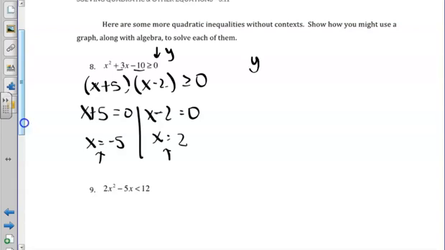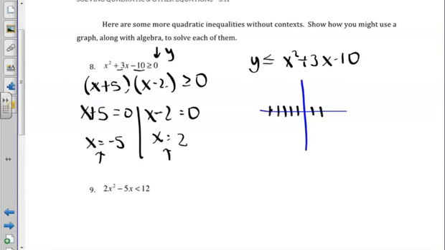So if I rewrite that, I'll get y is less than or equal to x squared plus 3x minus 10. So if you think about just sketching what a graph might look like of that, I know my boundary points are 2 and negative 5. 1, 2, 3, 4, 5. There's negative 5 and there's 2.